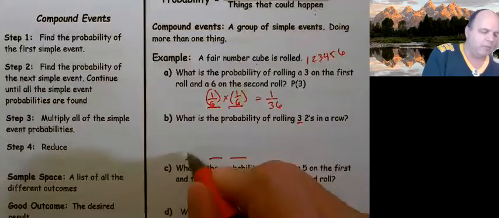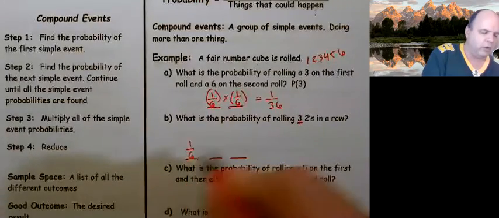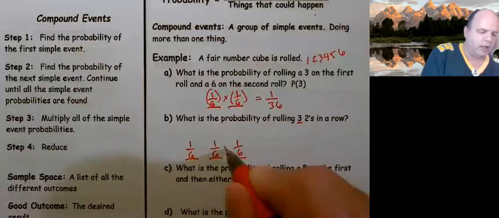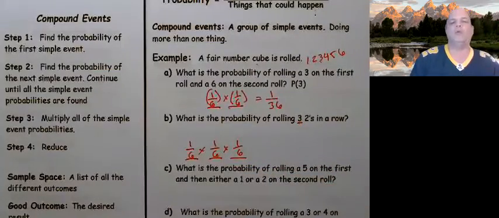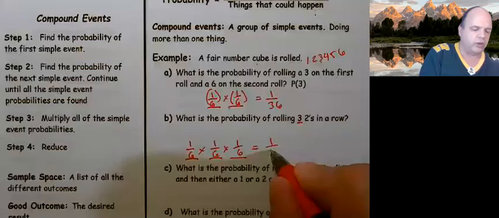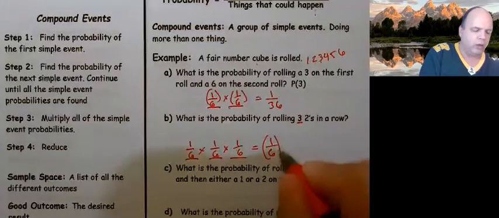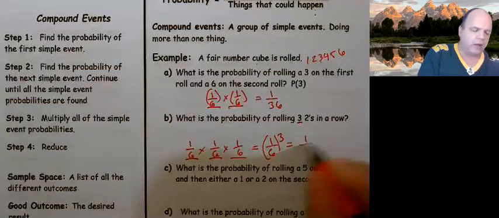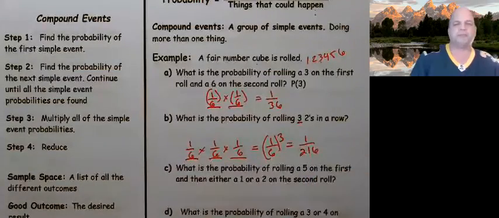So this is going to be 1/6, 1/6, and 1/6. And like we said before, one roll does not impact the other. So you could have expressed this as 1/6 to the 3rd power. And in this case, we end up getting 1 out of 216.